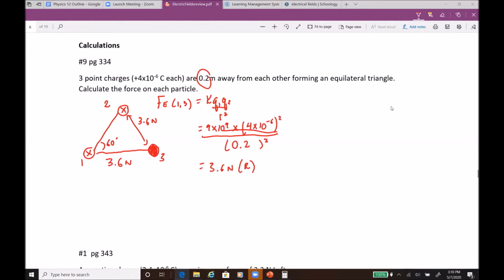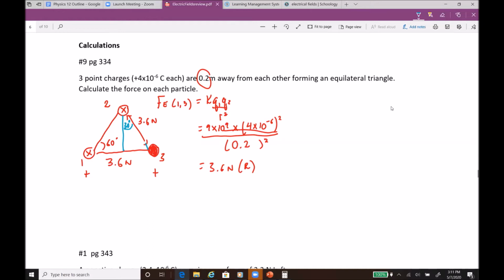This is repulsive, right? Positive and positive. Now it's also going to experience this force of 3.6 newtons, but that one is obviously on an angle. We can figure out the components, because we know that this would be 30 degrees.